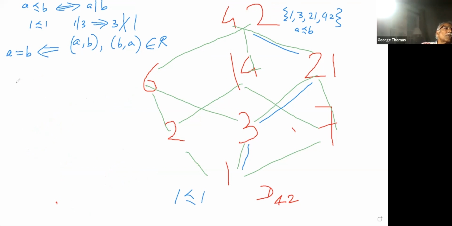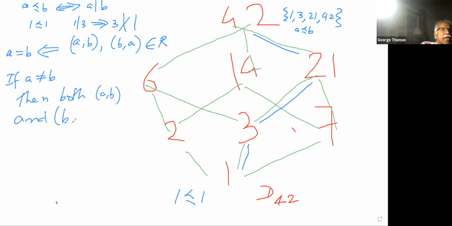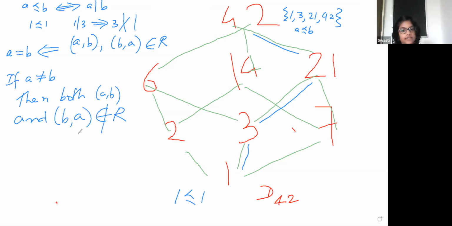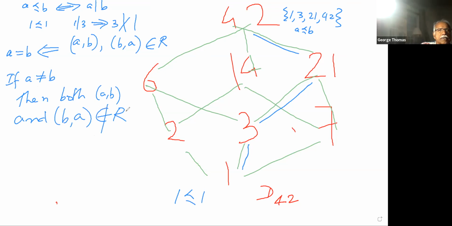Therefore, if A is not B, then both AB and BA are not in R. Do you agree? Yes. Because what if they are both in R?